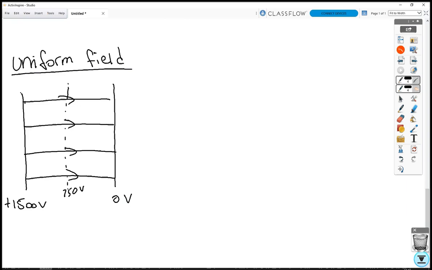So it changes linearly with the separation of the plates. So if we were to graph that, and we put R here and V there, we would get a linear line.